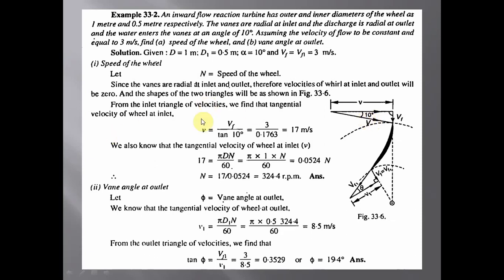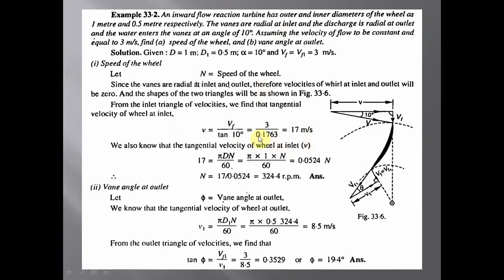Okay. From the inlet velocity triangle, we can find that the tangential velocity of the wheel at inlet is equal to u = Vf divided by tan 10 degrees. Vf is equal to 3, tan 10 equal to 0.1763, that is 17 meters per second.